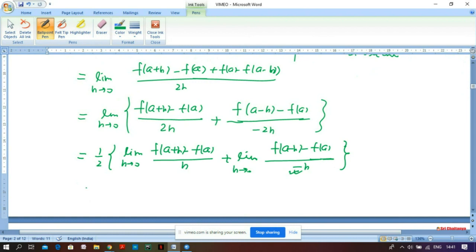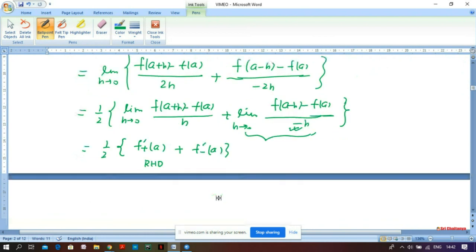So now this is half of f prime plus a, because it is the right hand derivative of f at a if it exists, plus the left hand derivative of f at a if it exists, and notation becomes f prime negative a. So this is your thing. So it tells you much more.